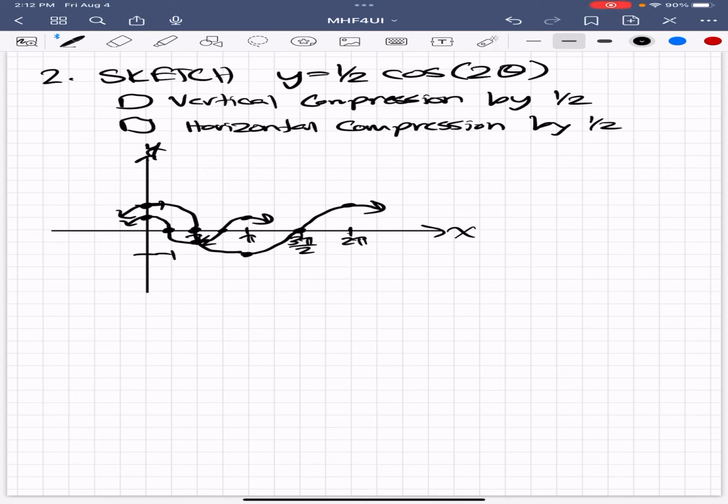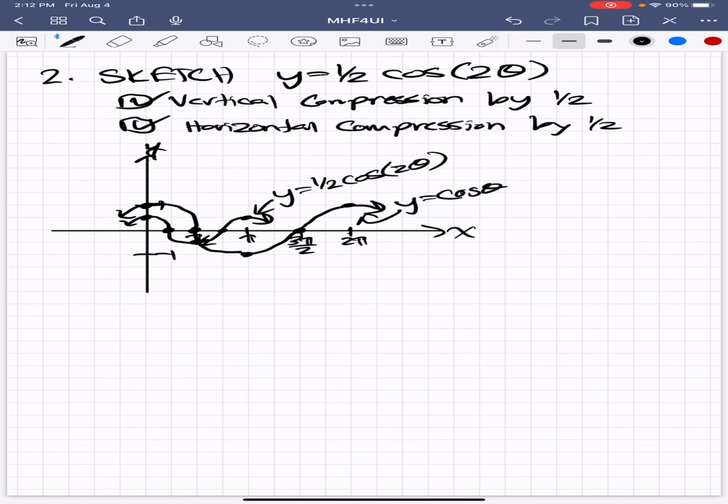And then we're going to label as well. You see how it's compressed vertically and horizontally and how tiny it is? That's what it should look like. Okay, check and check, and we're moving on.